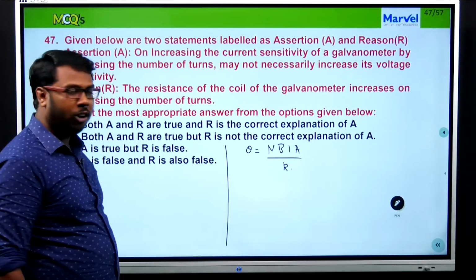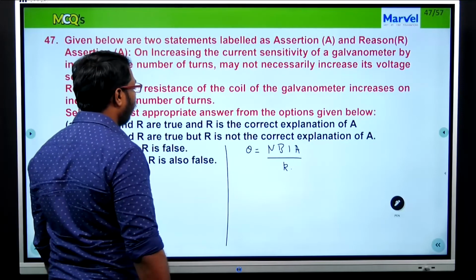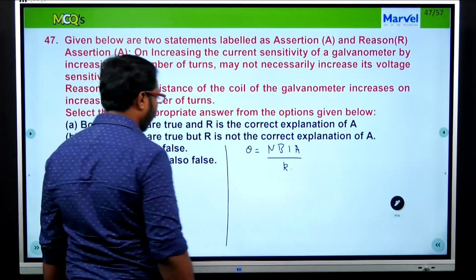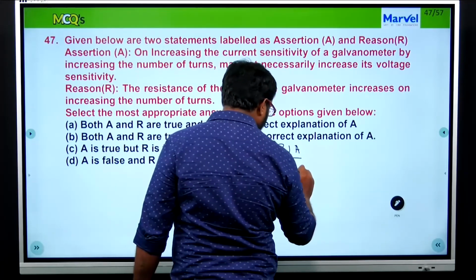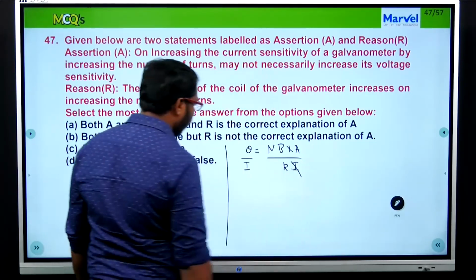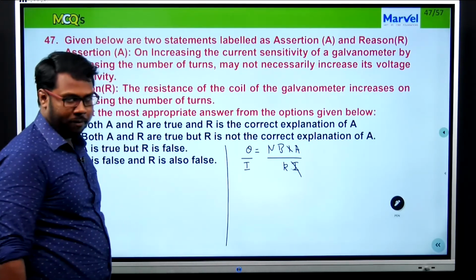This is the deflection made by that. Current sensitivity is nothing but deflection made per unit current. So theta by I. So if I put I in here, this I and this I will go down. We will be left with NBA by K.